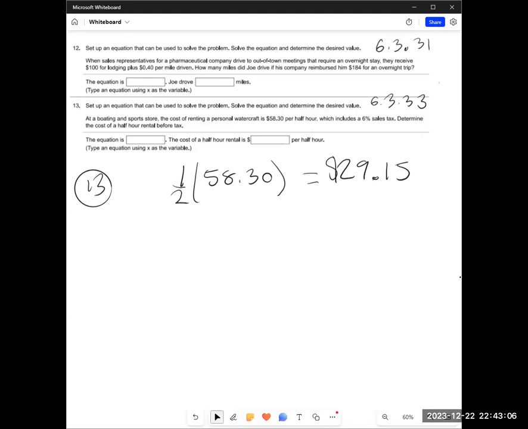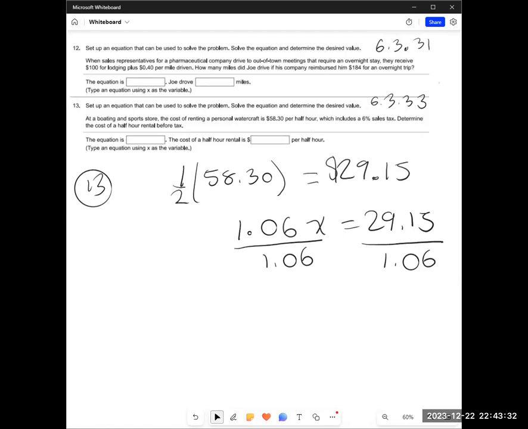And then I'm going to say that 106% of something is 29.15. So I'm going to divide by 1.06.